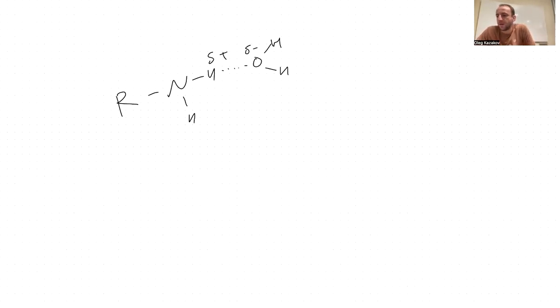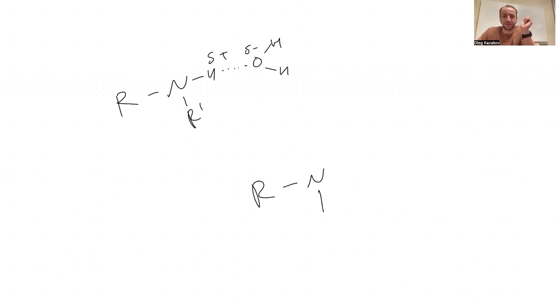If you have a secondary amine, you're able to form the hydrogen bond as well. Just switch to some other alkyl chains, maybe methyl and ethyl now, but you still have this NH bond that's capable of forming the hydrogen bond. Now if you have a tertiary amine, the situation is slightly different, but it can still accept hydrogen bonds.